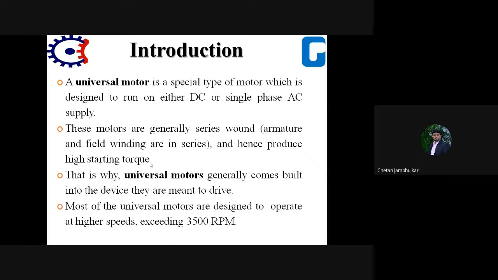Hence it produces a high starting torque.